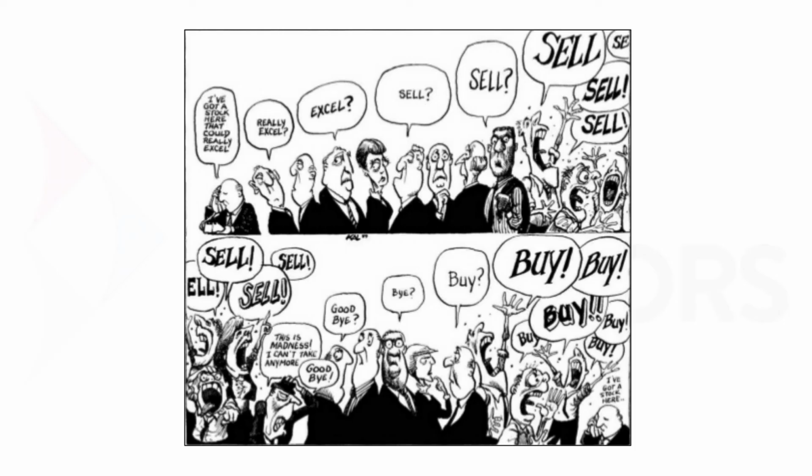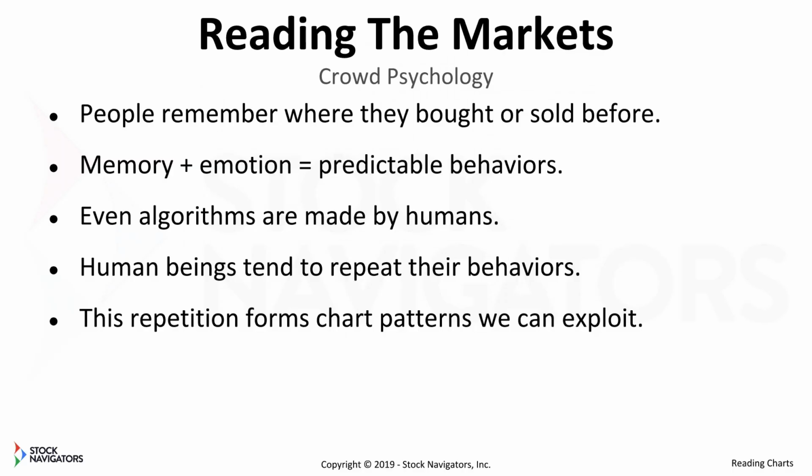Now, markets are really nothing more than crowds, right? This is people, and a chart is showing you what the people are doing in this market. And people tend to remember where they bought or sold in the past. Well, when you combine memory and emotion, you end up with predictable patterns of behavior that human beings are going to tend to repeat over and over.